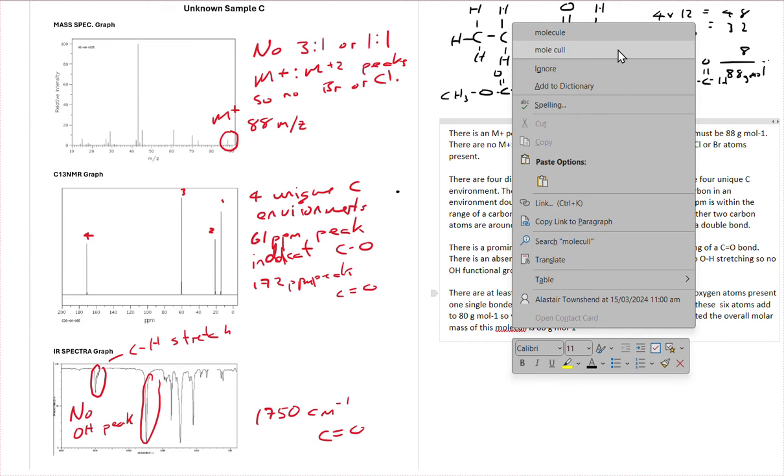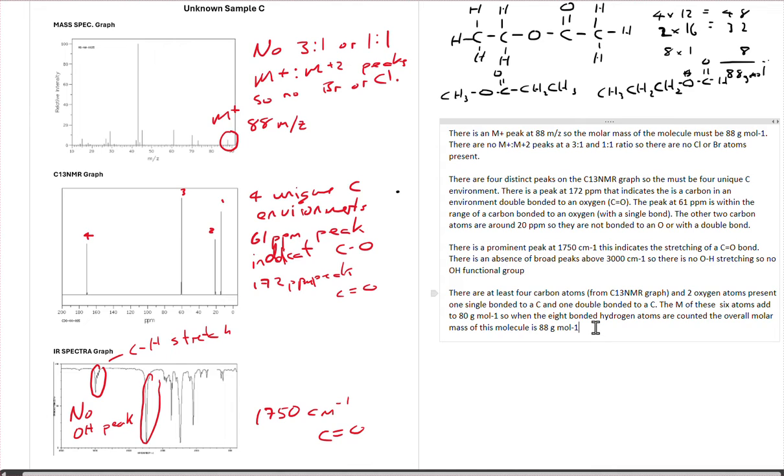So most of this information came from the carbon NMR graph, and what we're saying is there were 4 carbons and there are 2 oxygens. When I add that all up and I put the hydrogens, it gets to 88.